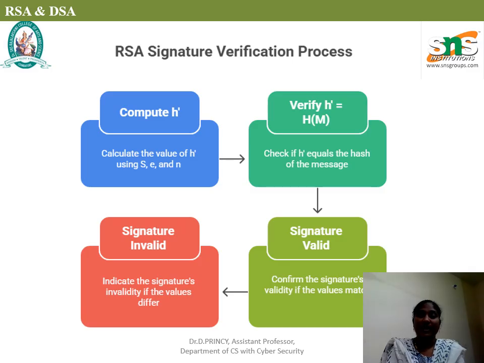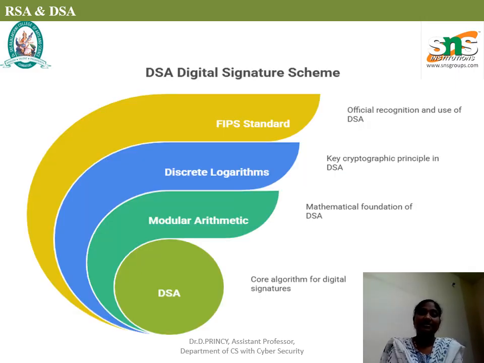It confirms the signature's validity if the values match, H equal to H dash. Signature invalid: if the value does not match with the previous hash value, it indicates the signature invalidity if the values differ.